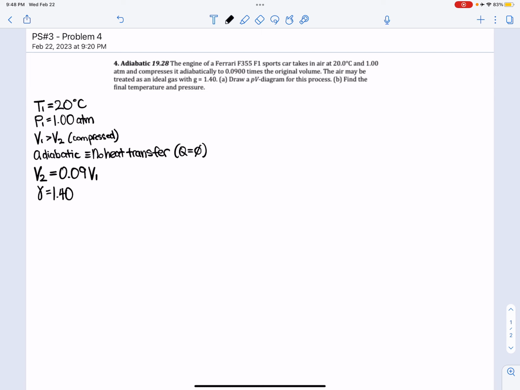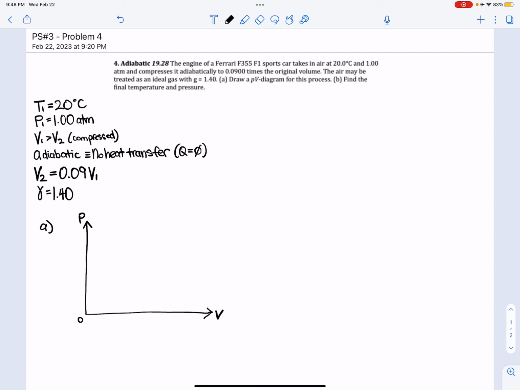So for part A, let us draw a PV diagram for the process. That is my PV diagram. This is volume, and this is my pressure line.